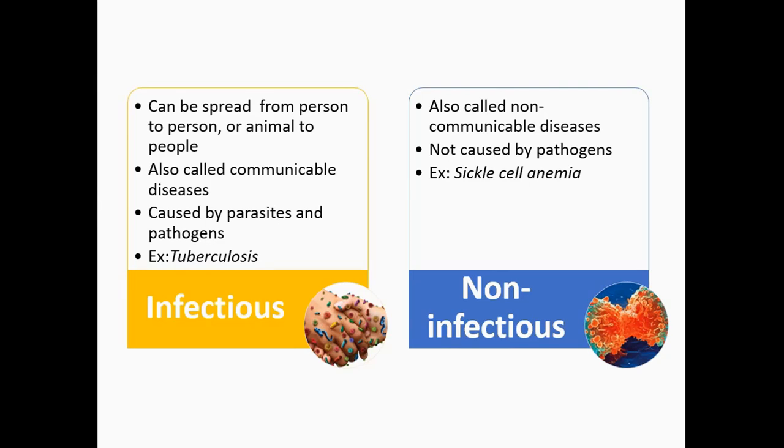Non-infectious disease, also called non-communicable disease, doesn't depend on contact and is not caused by pathogens, like in sickle cell anemia, which is a genetic disease and doesn't pass via contact to other people.